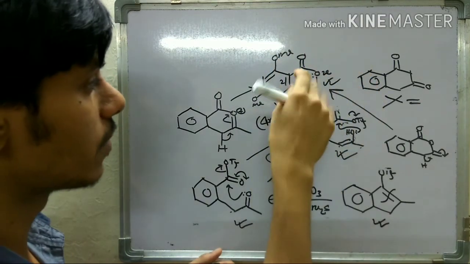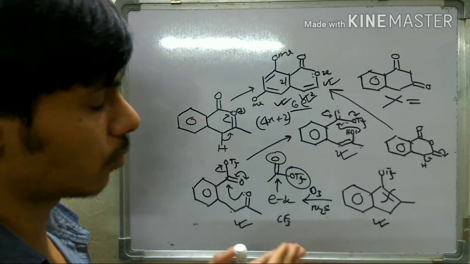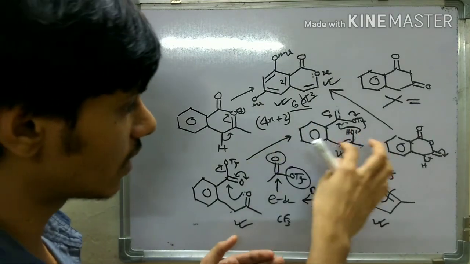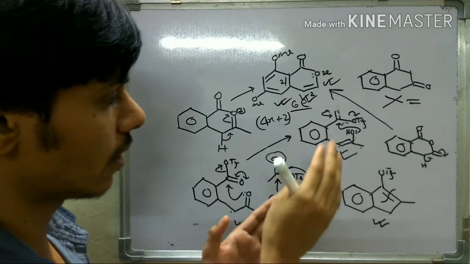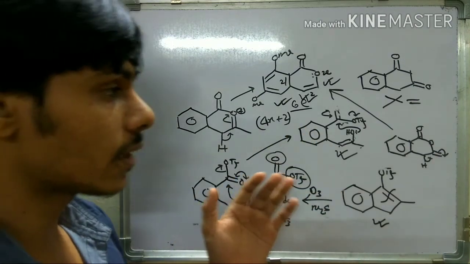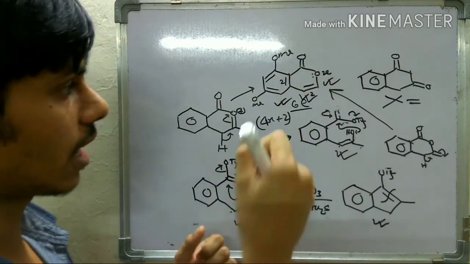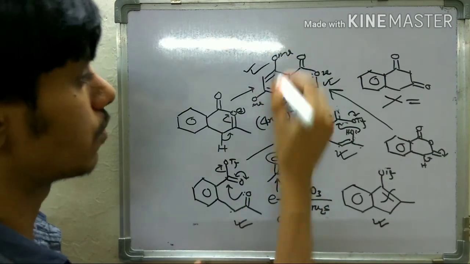The product is also very stable due to the aromaticity, but this is the kinetically controlled product, and the aromaticity of this ring is less important than the preference for the hard interaction. So the main cause is the hard interaction, and also the product formed is more stable. Both factors favor this particular product, so that's why you will get this product.